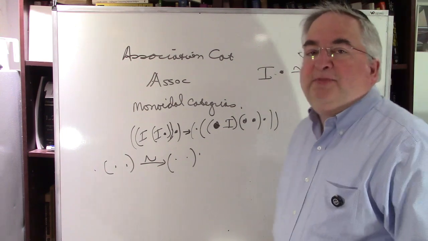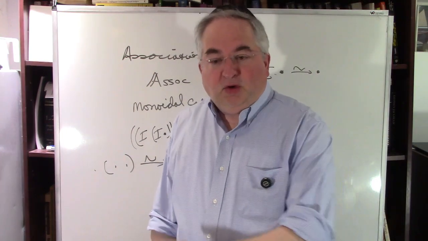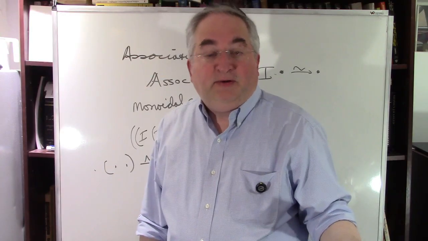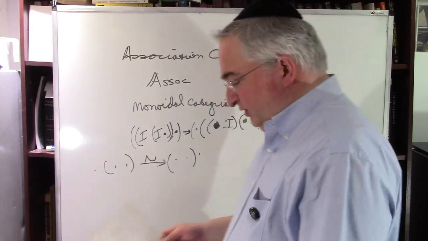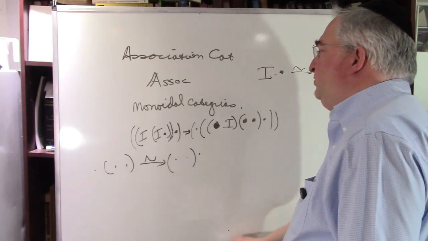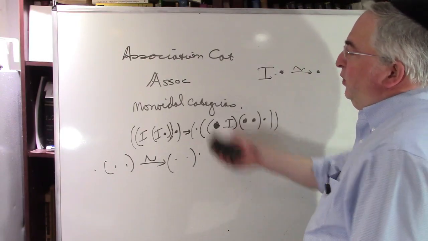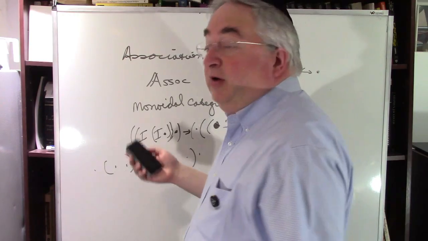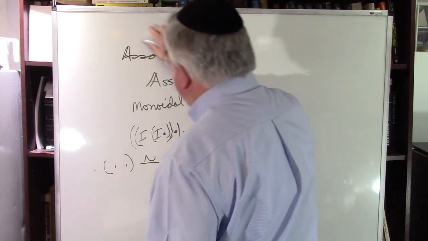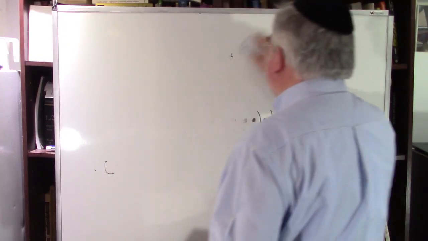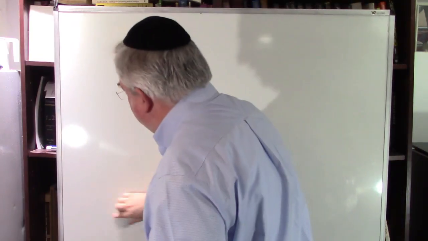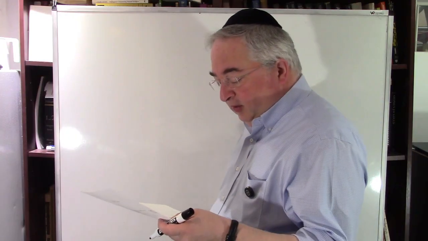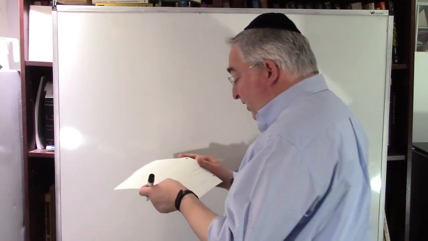But the main thing is the pentagon commutes. Why? Because there's only one morphism from the beginning of the pentagon to the end of the pentagon. So it exists. There's exactly one morphism, so it exists, and it's very important. We're going to see why this category is very important. I call it the paradigmatic monoidal category. Great. Now, let's do something a little bit more complicated. Not the paradigmatic monoidal category, but the paradigmatic.